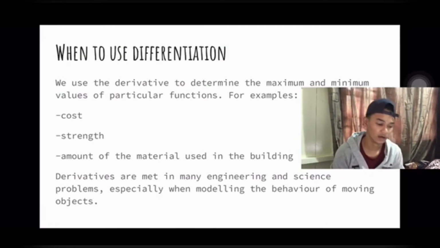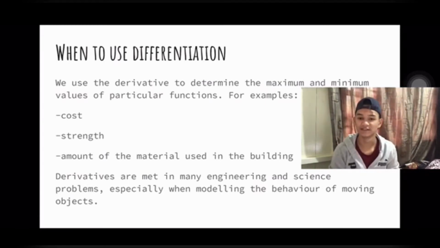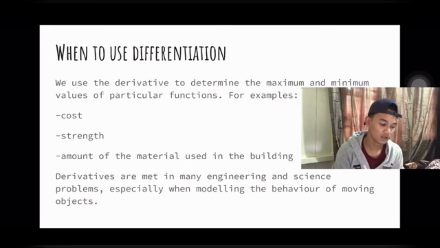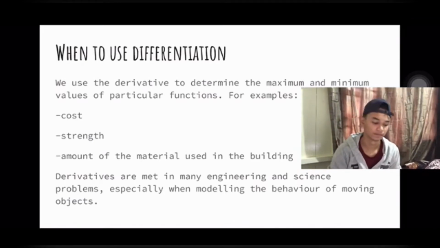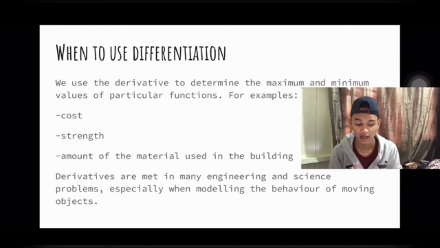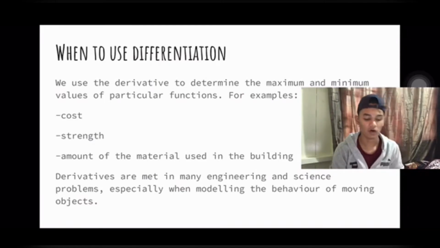Then we use differentiation to find the strength. Lastly, a civil engineer uses differentiation to find the amount of material used in the building. Derivatives are met in many engineering and science problems, especially when modeling the behavior of moving objects.